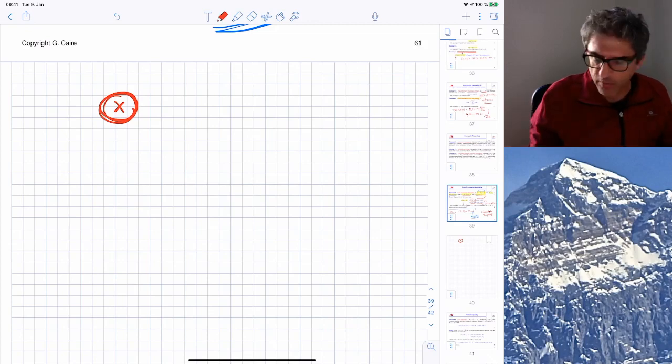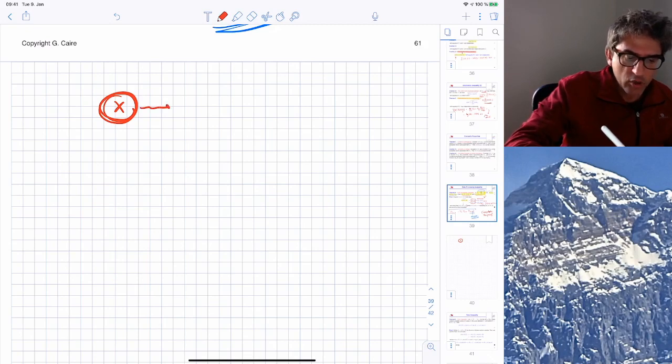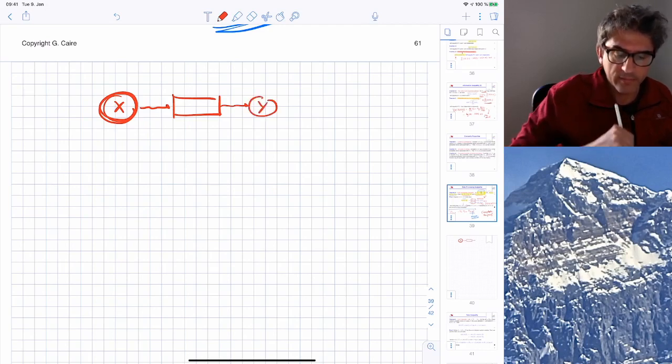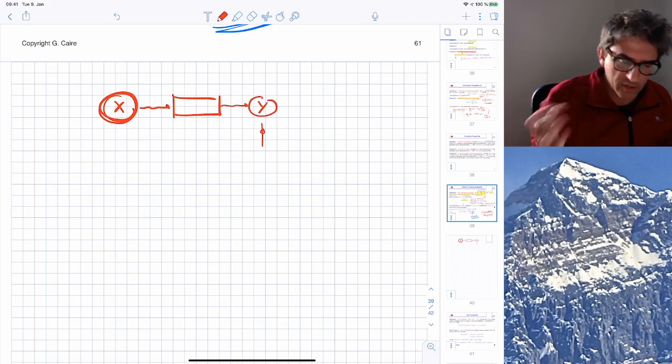X is a random variable. It could be a random sequence, whatever it is. And then this goes through a sensor that gives us a measurement, y. So this is like the raw measurements, what we get from the sensor, so the raw data.